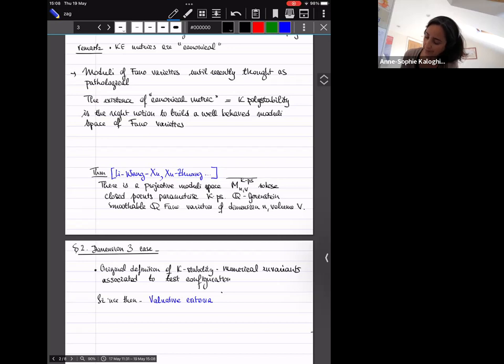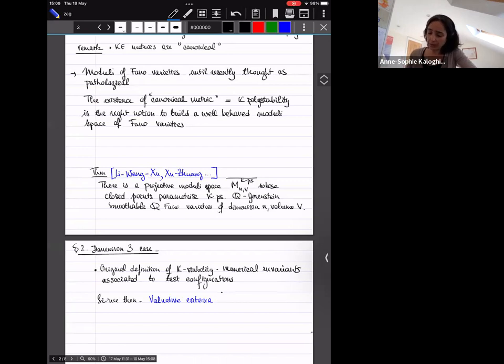So if you like, one-parameter subgroups in the general linear group of global sections of pluricanonical divisors. And this is a very analytic notion.